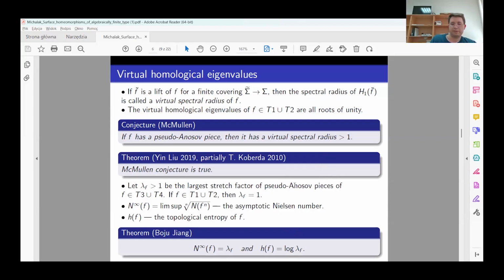We have many pieces after reduction of a mapping class, and for those pieces which are pseudo-Anosov, we have these stretch factors, analogous to the Anosov case. We take lambda f as the largest. If a map is of algebraically finite type, it has no pseudo-Anosov pieces, and we define lambda f to be 1. And it is known by the result of Boju Jiang that this number can be described as equal to the asymptotic Nielsen number.